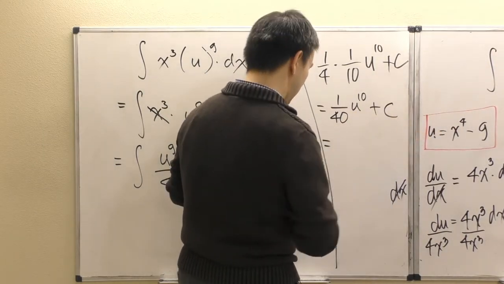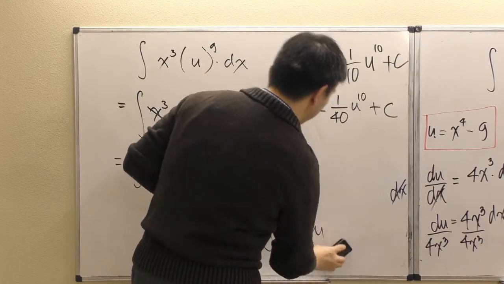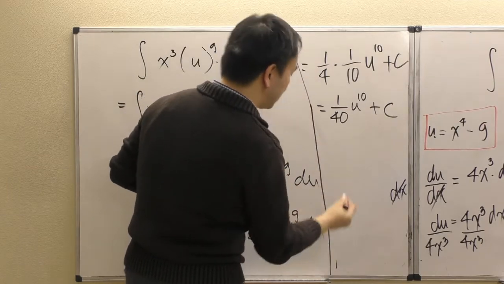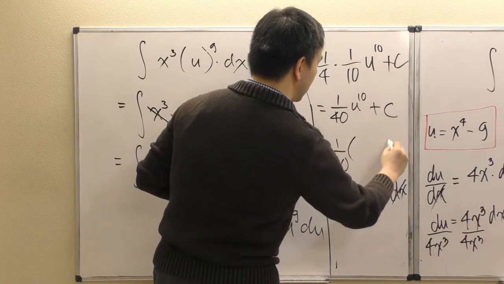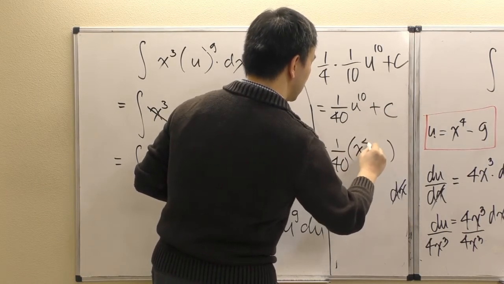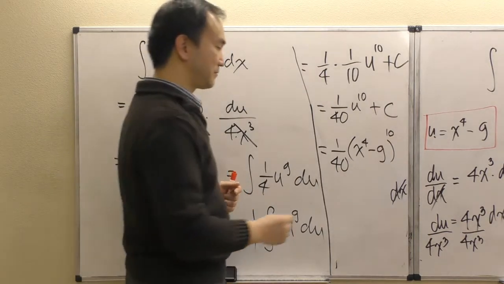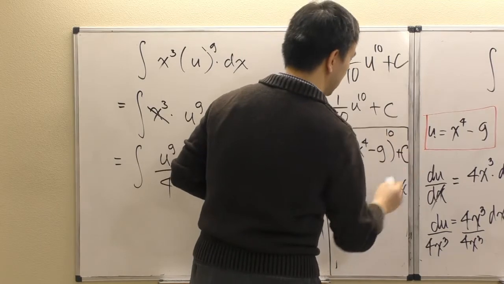I'm going to need a little more space here. So that answer now is going to be 1/40 times x to the 4th minus 9, to the 10th, plus c. This is the final answer.